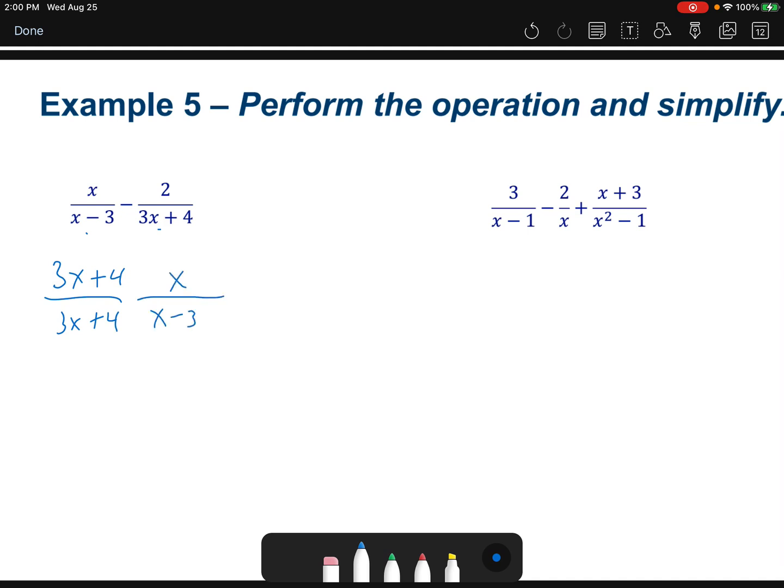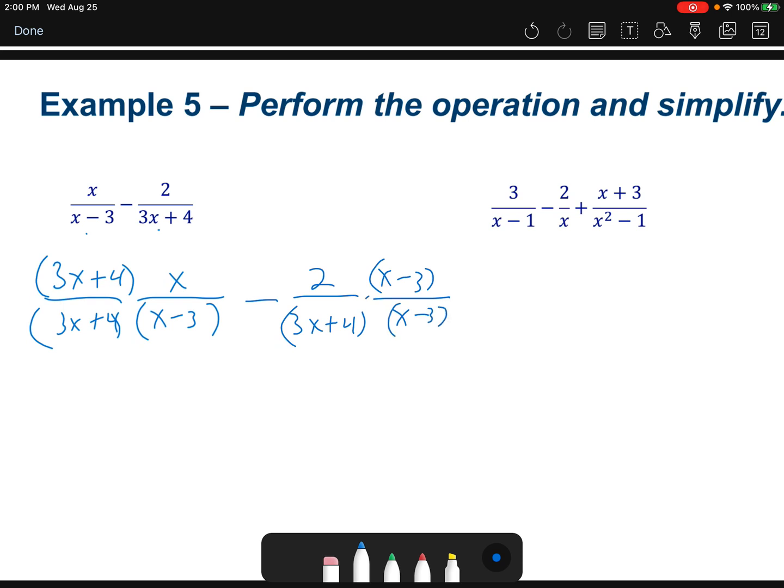the left side by 3x plus 4 over 3x plus 4. Whoops, got to subtract. And then I got to multiply the right side by x minus 3 over x minus 3. So that gives us a common denominator that we can just write down here.